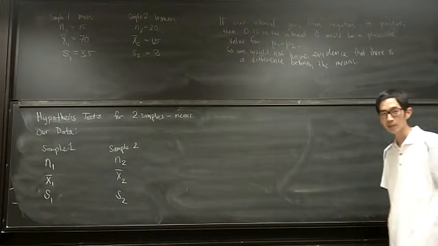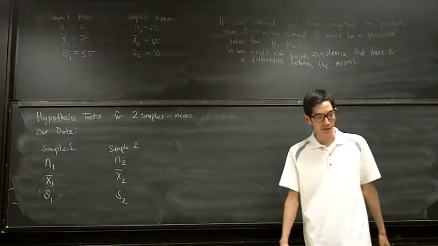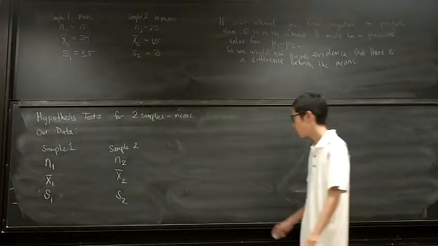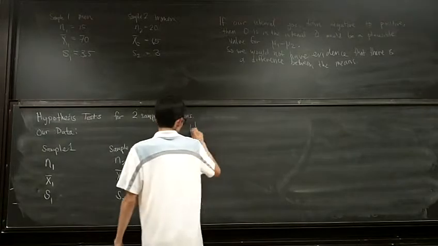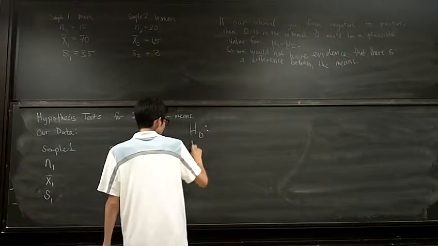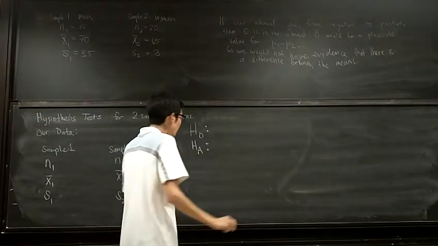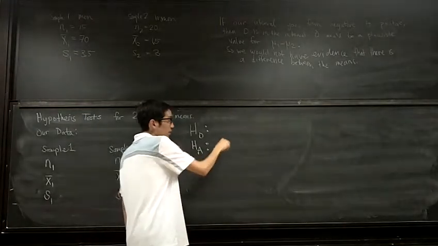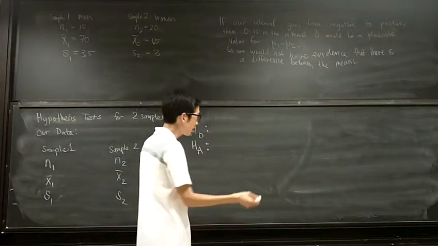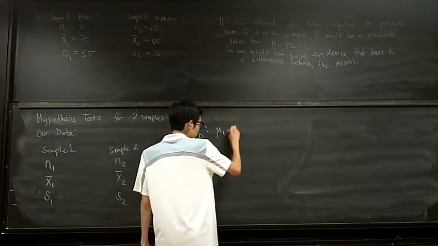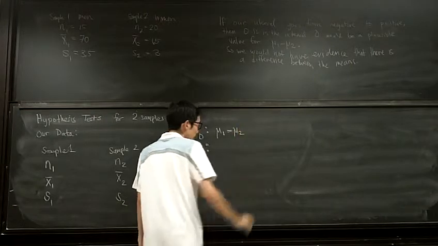What's the first thing we may do in a hypothesis test? We make hypotheses, or we state our hypothesis. So here, our null and our alternative hypothesis. The null hypothesis is going to be that the 2 means are the same. So I would write mu1 equals mu2, okay?